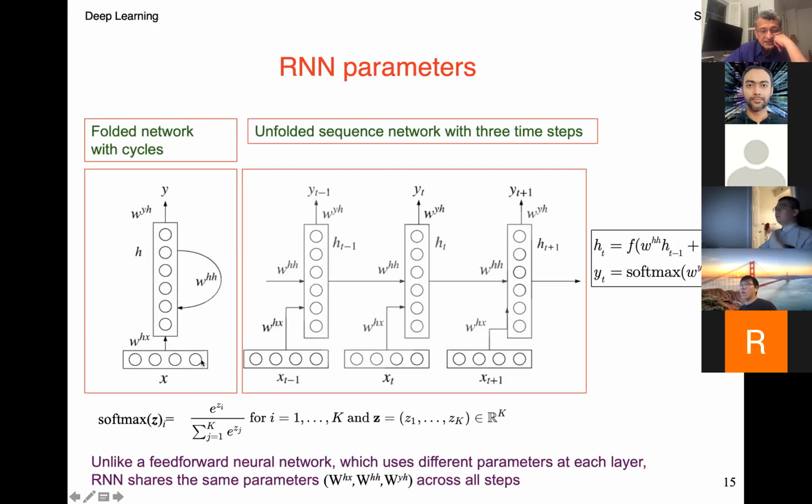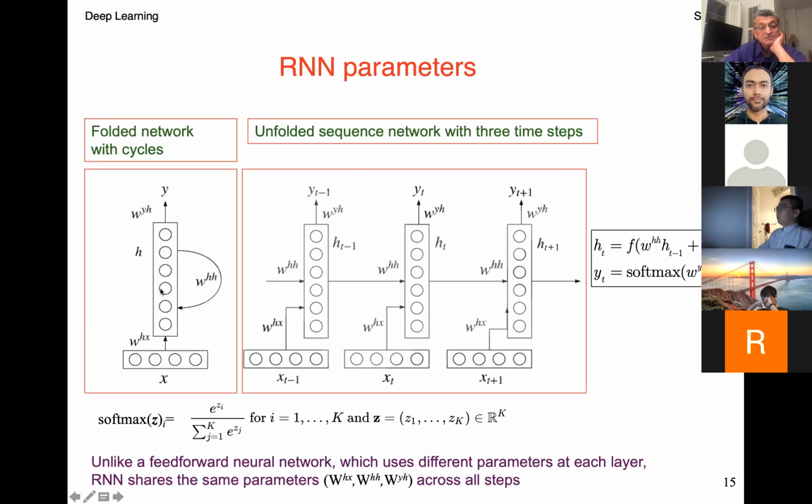We take X and multiply it by WHX values, which convert the values to H values. And the H values in turn are processed here with WHH values as updates from the previous time step.